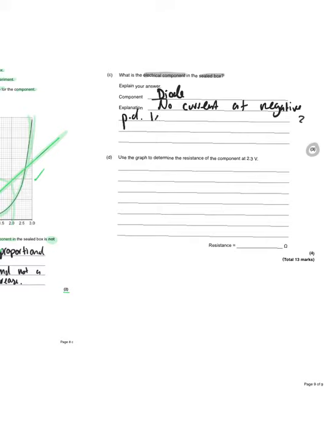So if current was reversed, there would be no flow. That gets me 1 mark there. I'll do that in green. That'll get me 1 mark there and 1 mark there.